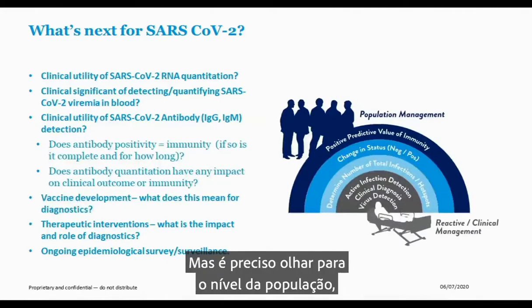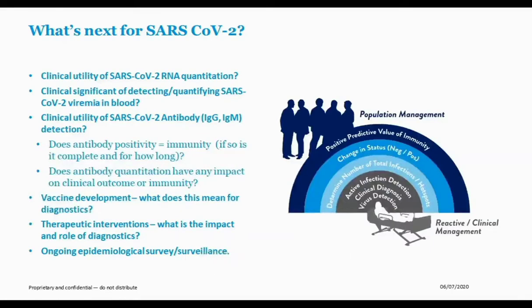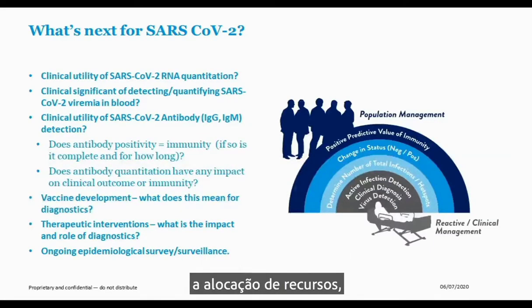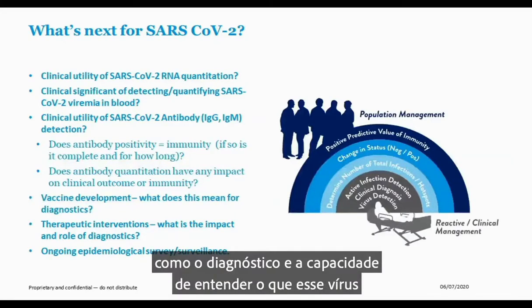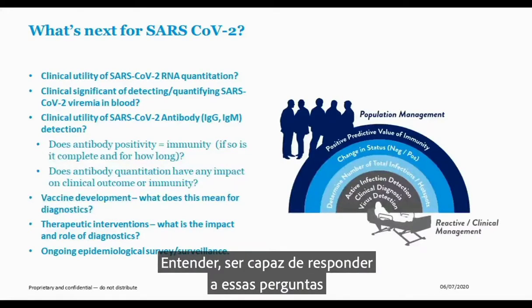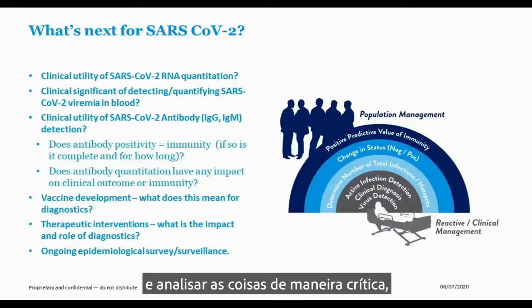But expanding out to look at the population level, looking for hotspots, seeing how that's changing, allocation of resources, how will diagnostics and the ability to understand what this virus is doing as the pandemic evolves, and being able to answer these questions and look at things critically, I think will be important moving forward.